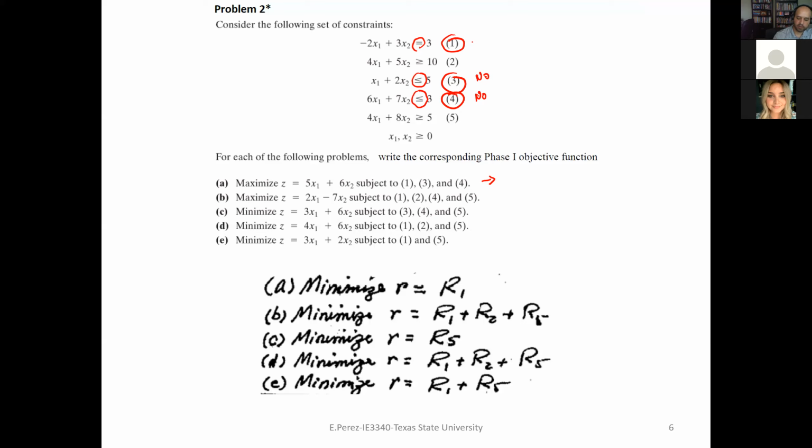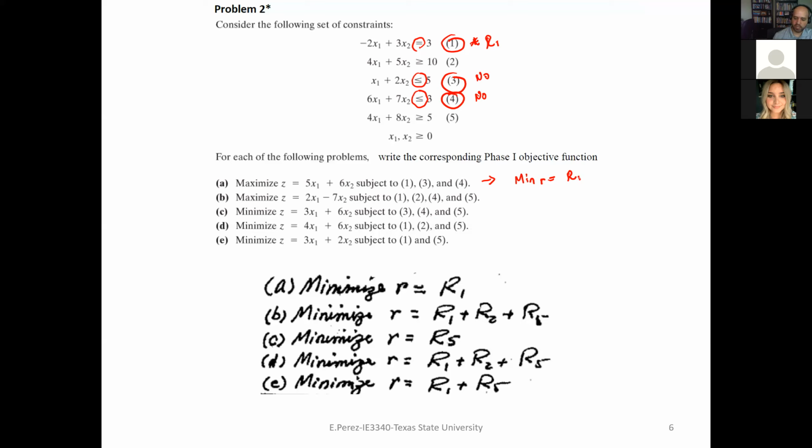But that's not the case for this one. So you will need an artificial variable because this is an equality. So if you were to formulate the objective function for this first part, then the answer will be the minimization of R equals R1, because you only need one artificial variable for this problem.